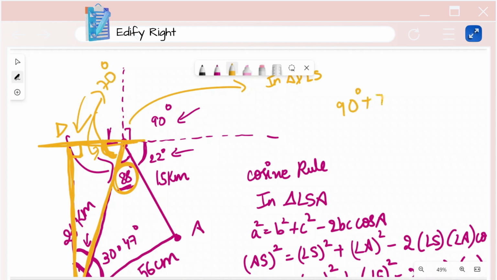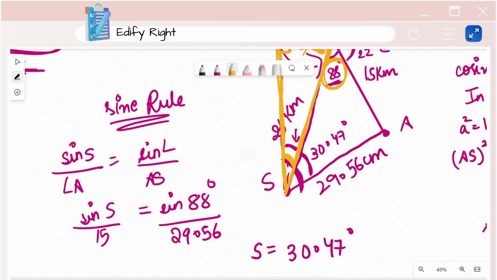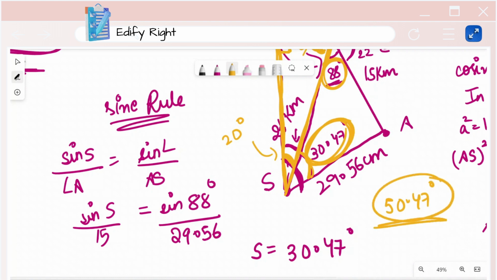So if in a triangle one angle is 90, the other angle is 70, to figure out the last angle you just need to subtract that from 180. When you do that, you get 20 degrees. So now we know that this angle is 20 degrees and this angle is 30.47 degrees, and when you add them up you get 50.47 degrees, which is the bearing of A from S.